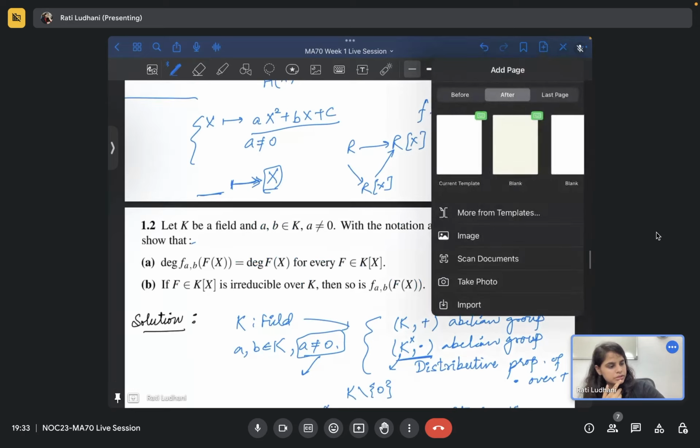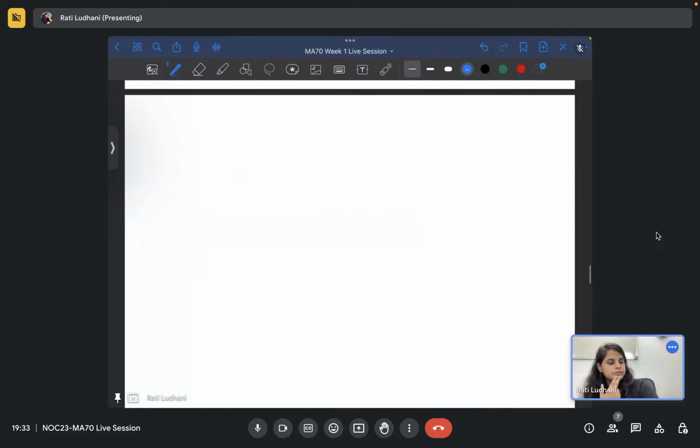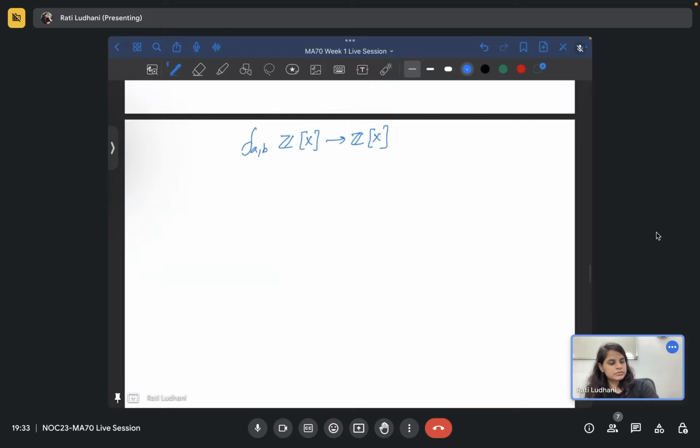Just think about if you have Z[x] to Z[x] and you map, as an example, f_{a,b}, where x maps to ax plus b, and let's say a is 2, or you just take x maps to 2x. Is this map surjective, injective?